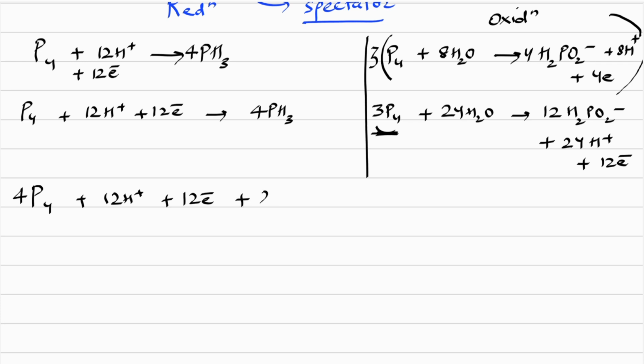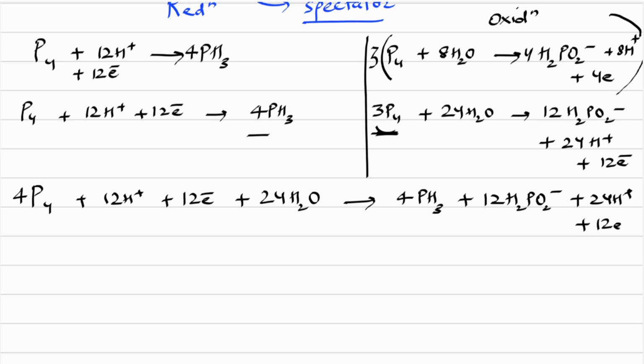Okay, then 24 water. Okay, then writing the products of both half reactions. Here we have 4 PH3 plus, now the product of the oxidation half reaction, 12 H2PO2 minus plus 24 H plus 12 electrons.